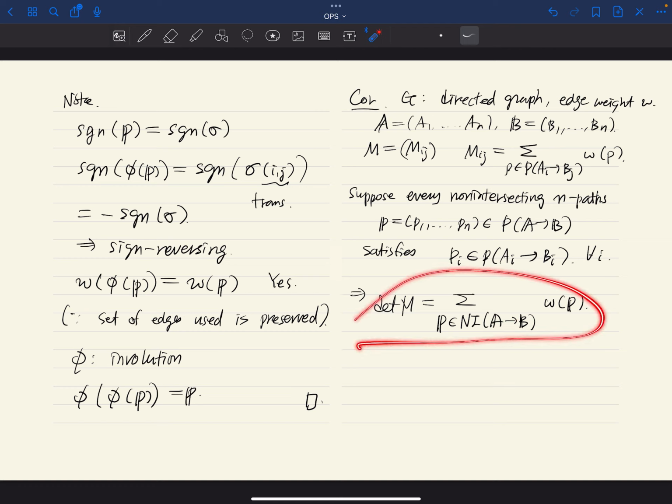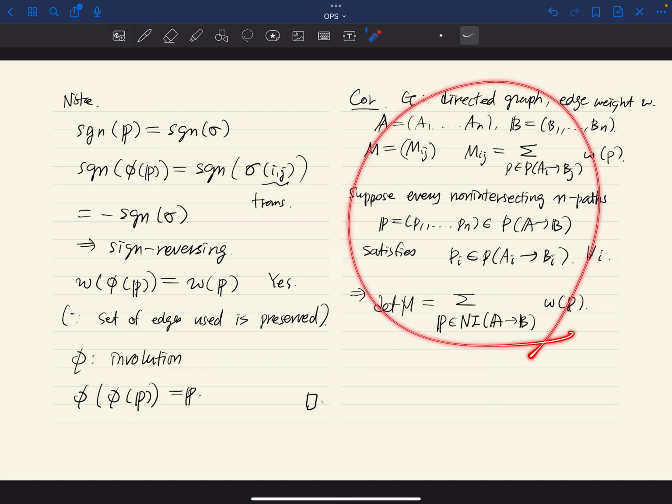So we always have this. Actually this is really just a simple special case, but it is more commonly used. In many situations, there is only one sigma that makes these A_i's to B_j's non-intersecting: the identity.